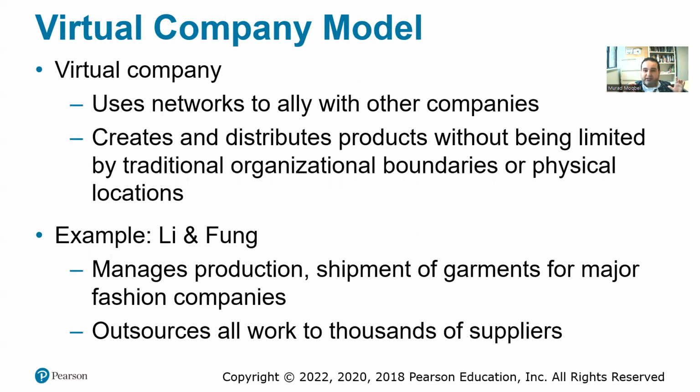So those are virtual companies, right? And then the book gives an example of Li and Fung, which is a third-party company that connects, for example, brand names, apparel companies, with suppliers from more than 40 countries.